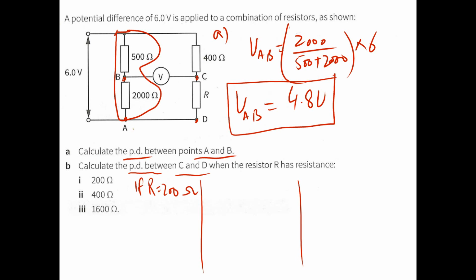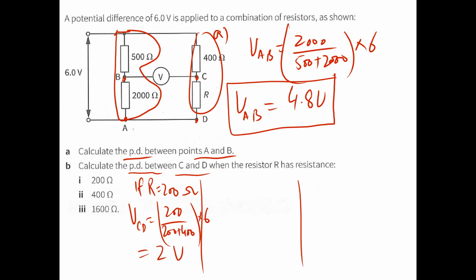What is the voltage across these two points? VCD will be equal to 200 divided by the total resistance, 200 plus 400, multiplied by the power supply voltage, which is 6 volts. If we solve this, we get our answer of 2 volts.